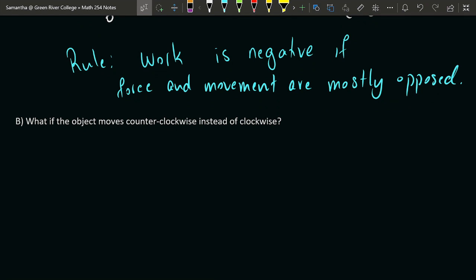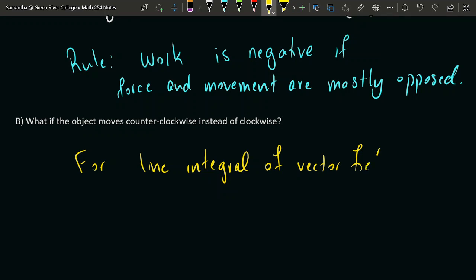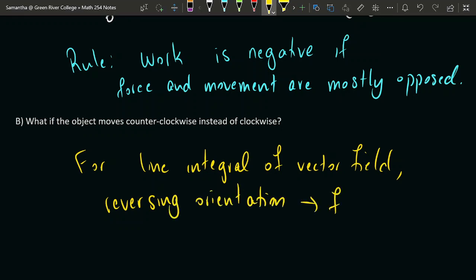Now someone says same setup, but this time I want to reverse the orientation of the object's movement. For a vector field line integral, reversing the orientation has the effect of flipping the sign of the result.